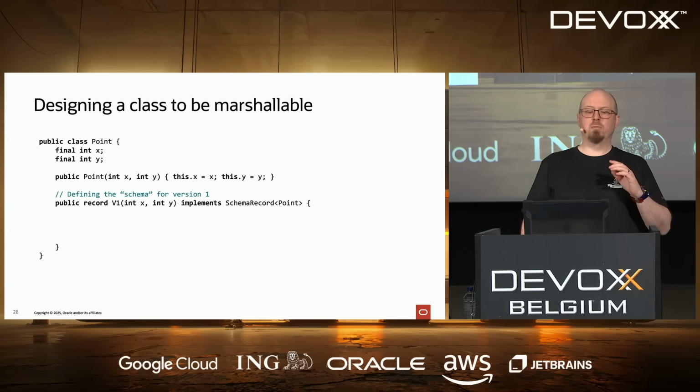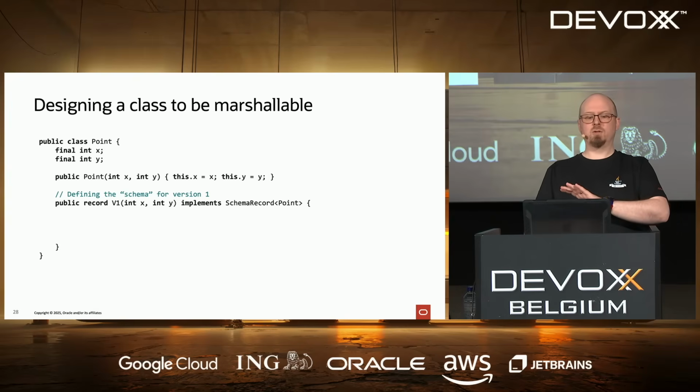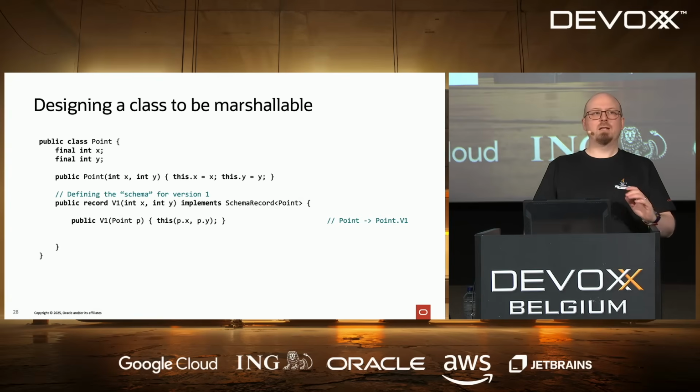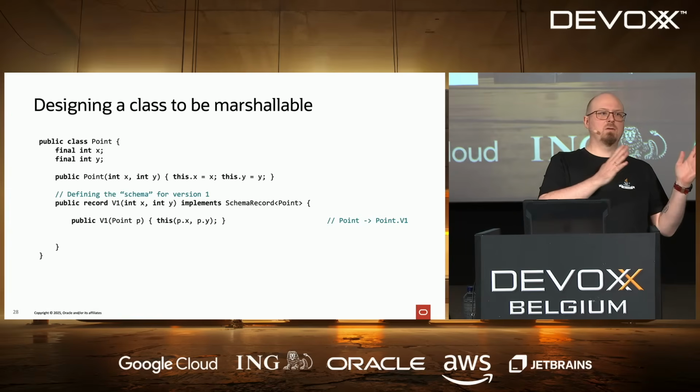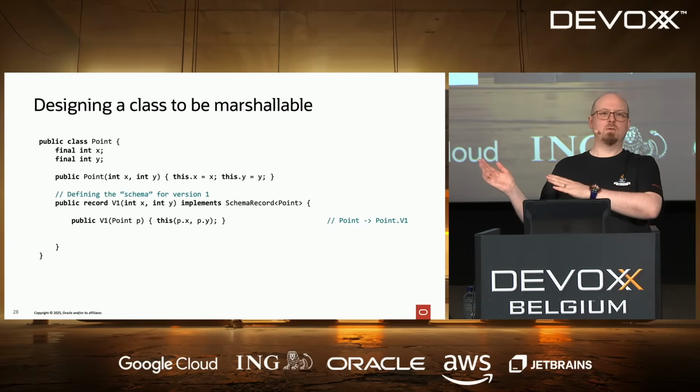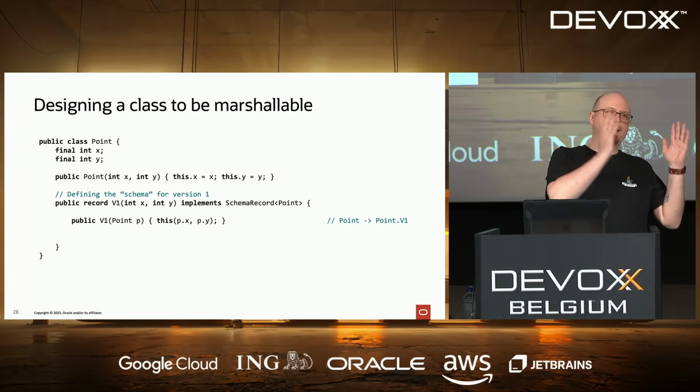So how do we go from point to v1? So I have a point, but I want its structural representation. Well, I create a constructor that takes a point. And then I get the values out, and now I have a function from point to point v1. So now I can go from instance to structure.